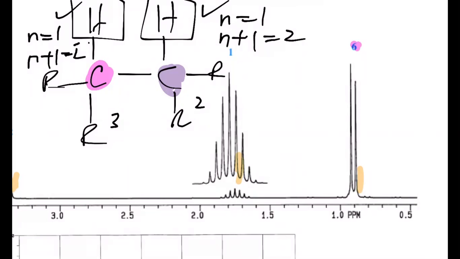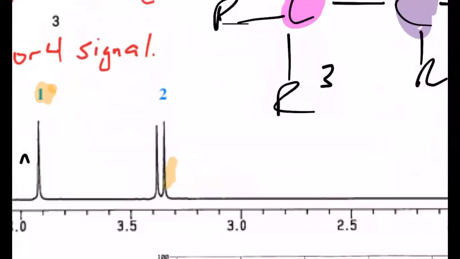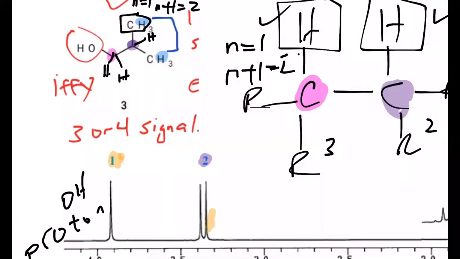So then we look down here, we got another doublet that has an integration of 2. And look at where it is. It's far downfield, like 3.4, 3.35, something like that. So if we look at the compound, it can't be this proton right here, because that's only one.